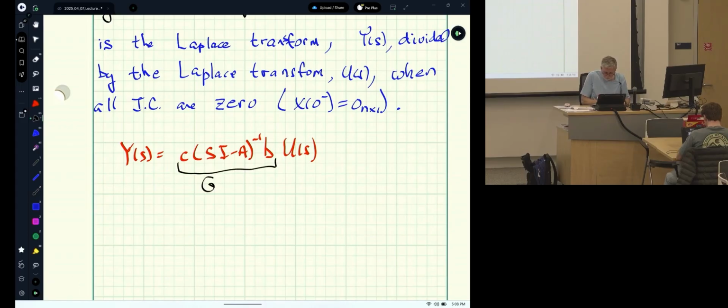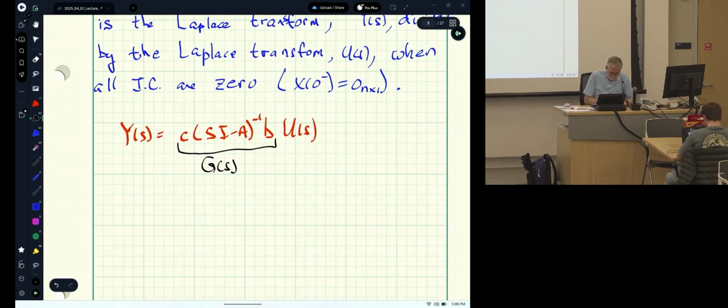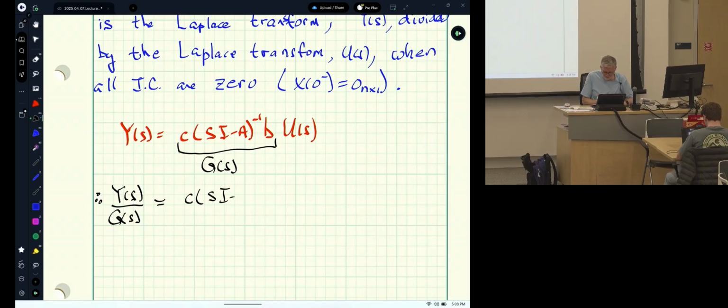And so here's the transfer function. It's what multiplies U. So Y of s over U of s, that's G of s, is C times sI minus A inverse B.